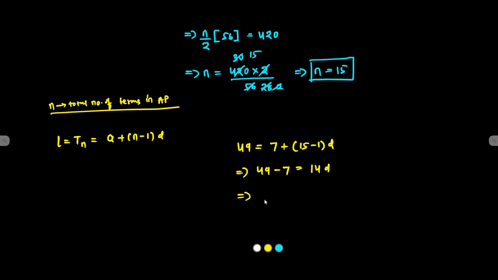That implies 14d is equal to 42. That implies d is equal to 42 by 14, which is equal to 3. So the common difference is equal to 3. This is the answer. It was asked to find the common difference, and the common difference is equal to 3.